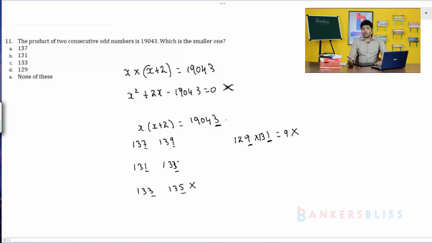If we did not have the option called none of these, we have one more technique, a beautiful technique you could have used. See here, we can calculate 135 square. It is very easy.